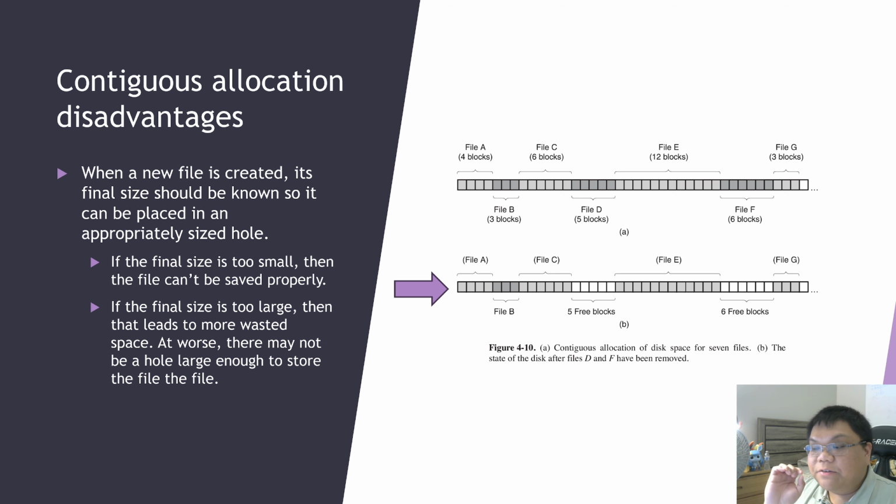There is another issue, and it parallels one of the issues with contiguous memory allocation. What if your file grows over time? When you allocate space for a file, let's go back to processes.